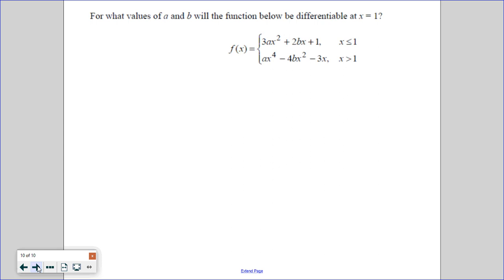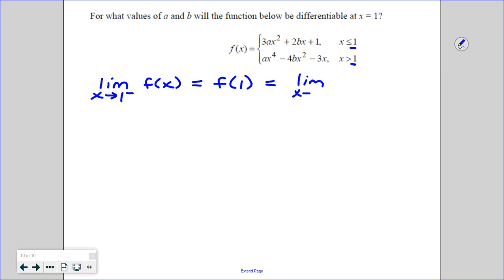Remember, in order for the function to be continuous, the limit from the left, and we would be using 1, which is our cutoff point of f of x, has to equal f of 1, and that also has to equal the limit as x approaches 1 from the right.